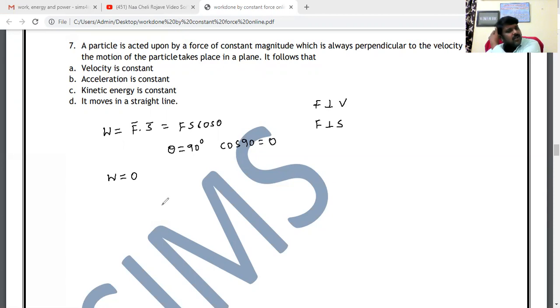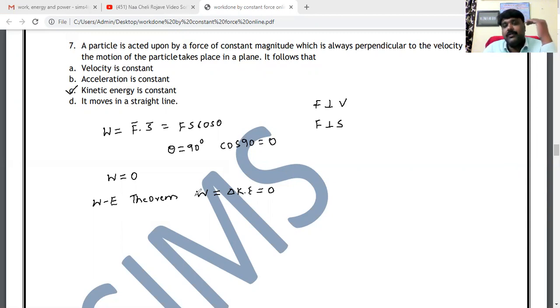When the work done on the object is 0, now again coming to the work energy theorem: work done on an object is equal to the change in kinetic energy, which equals 0. That means there is no change in the kinetic energy of the object. When there is no change in the kinetic energy, we say that kinetic energy is constant.